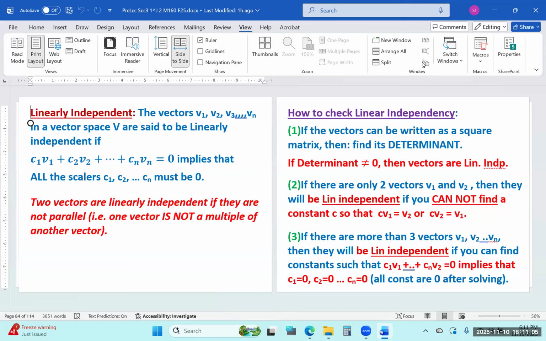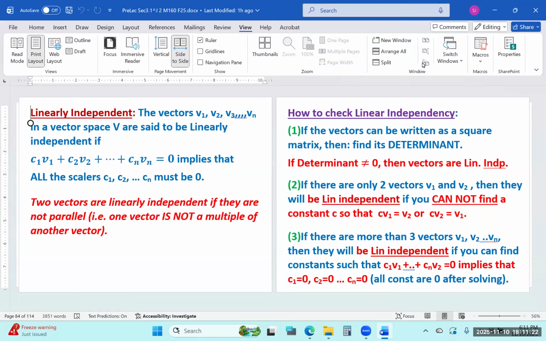If you realize that all the constants end up being 0, then they are linearly independent. Otherwise, they're not. So depending on what information you have, we have 3 ways to figure out linear independence.